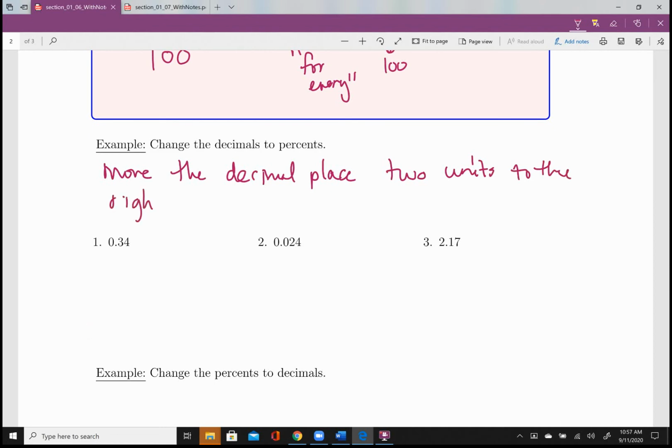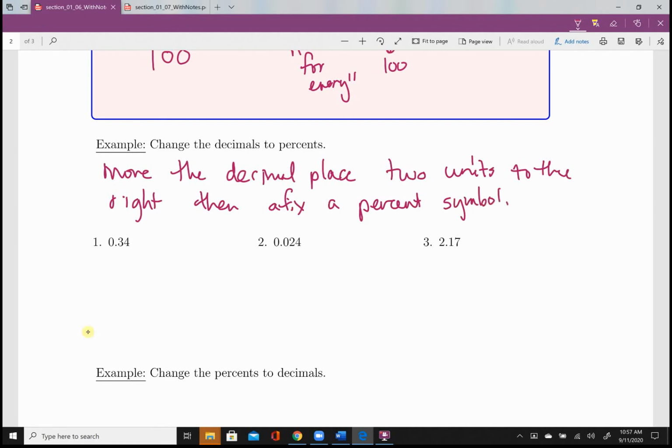And then literally slap on, I'll say affix, it's a little bit more high-brow word, affix a percent symbol. It's literally those 2 steps.